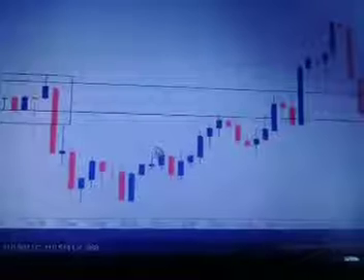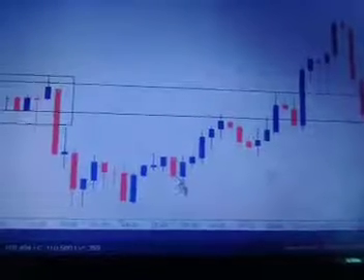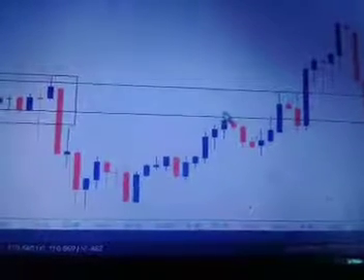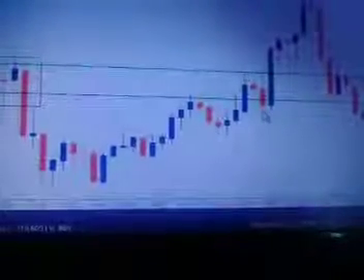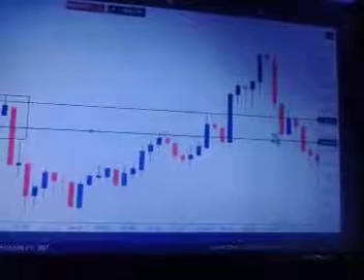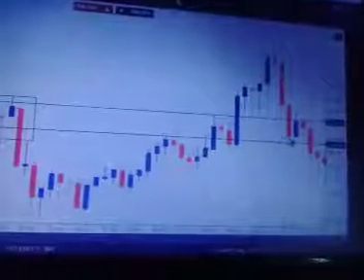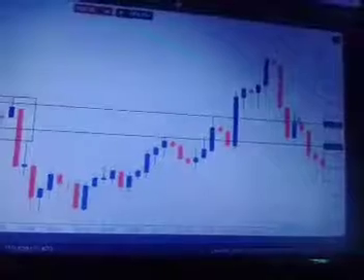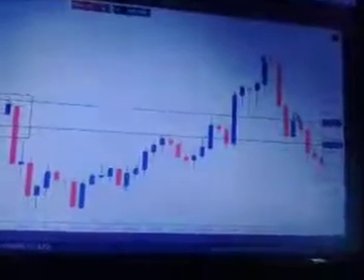Let's look at another example. This is an uptrend where the market makes a high, makes a low, makes a higher high, higher low, higher high, higher low, higher high, and again a higher low, until it fails to make a higher high to continue the trend.